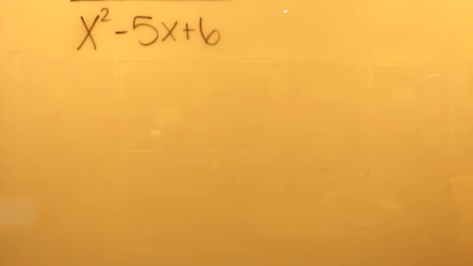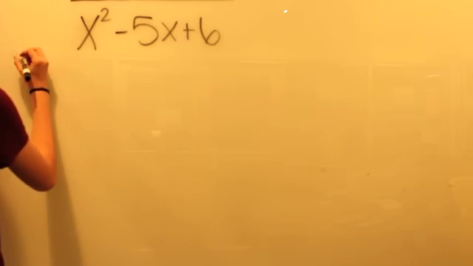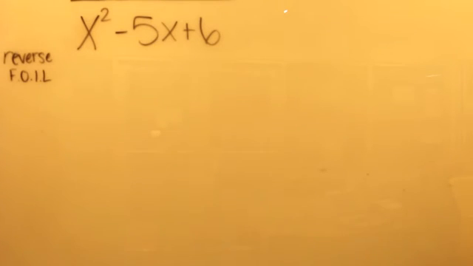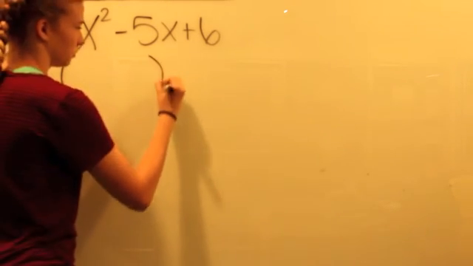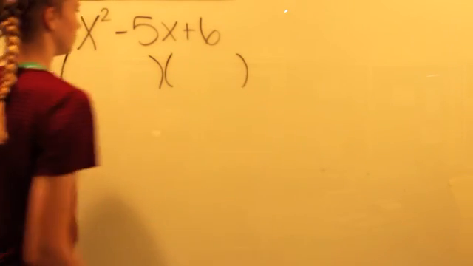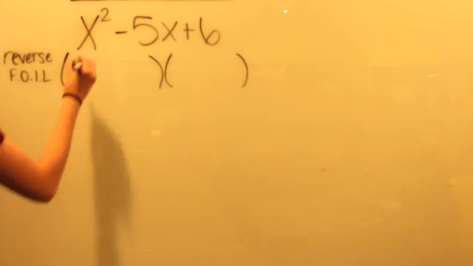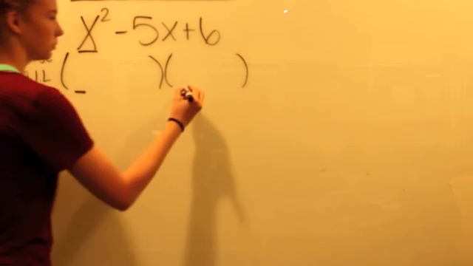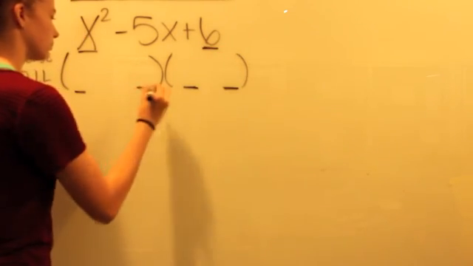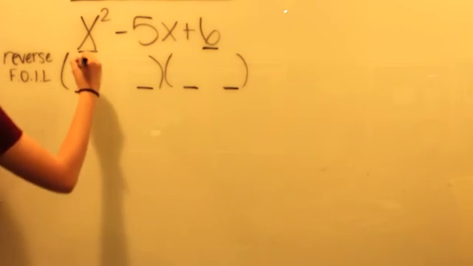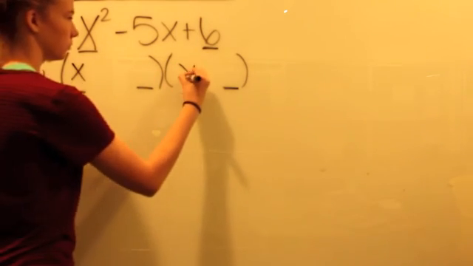Let's look at our next problem, x squared minus 5x plus 6. For this equation, we're going to do two pairs of parentheses. X squared is going to have to equal the first two terms of both parentheses, while the last number of our equation, 6, will equal the last two numbers.